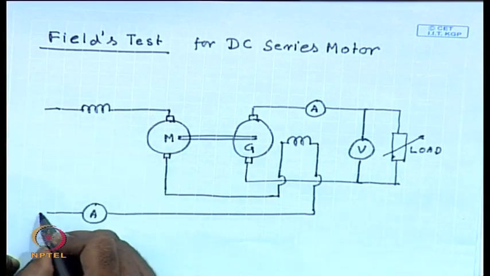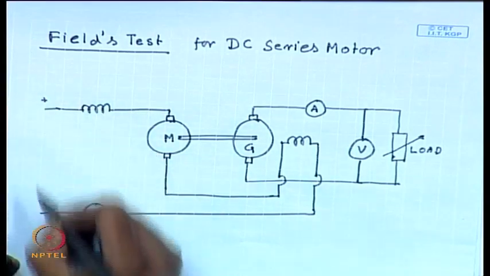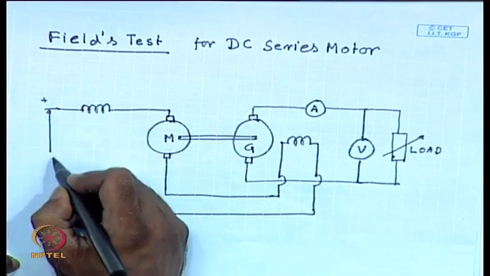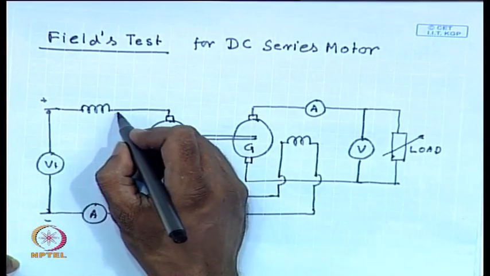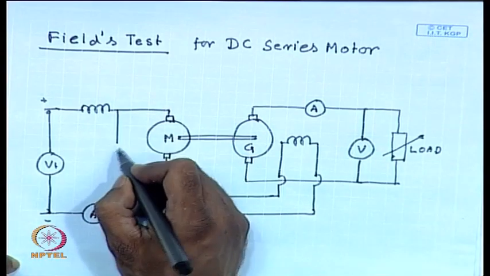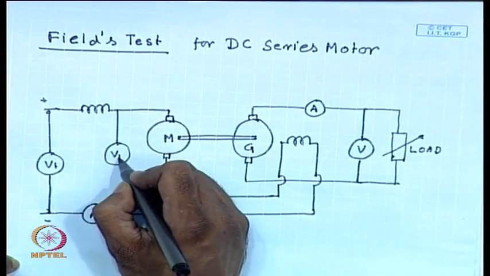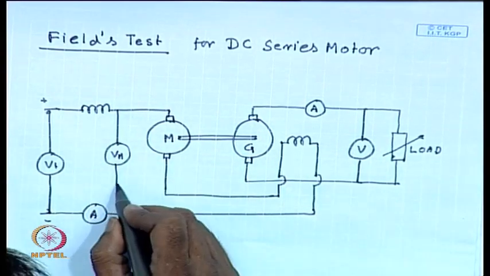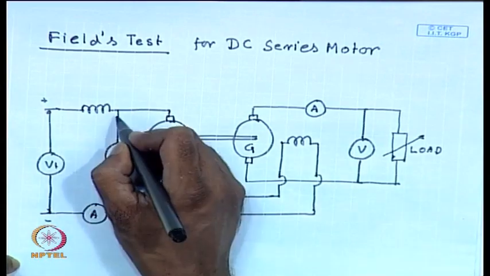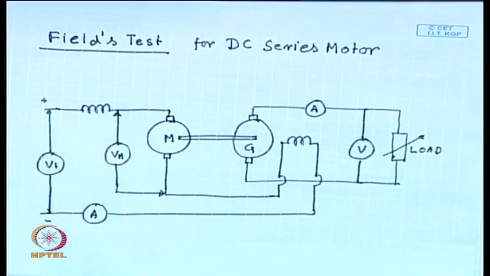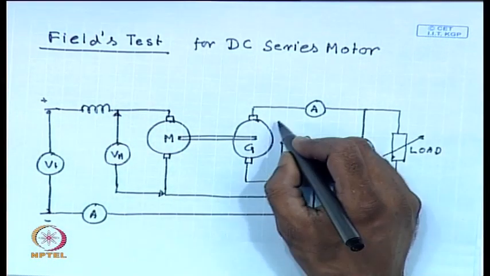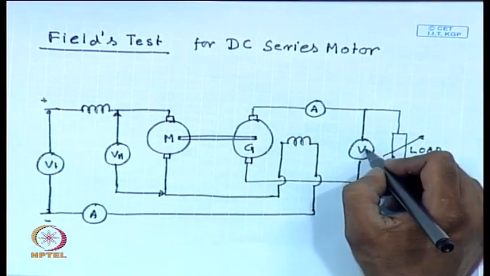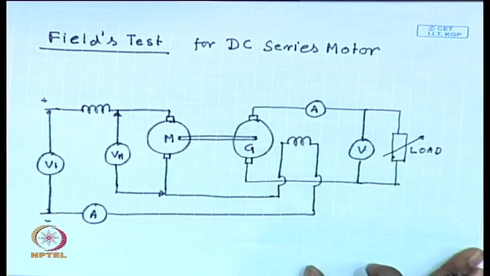You measure the terminal voltage here, and also the voltage across the motor terminal, as well as the armature current of the motor, the armature current of the generator, and the load voltage.